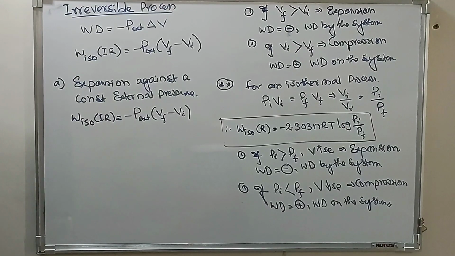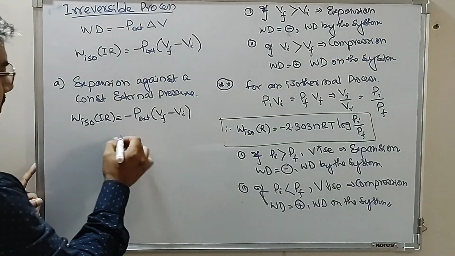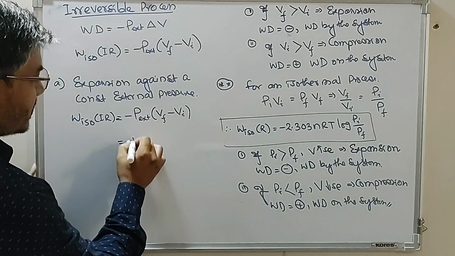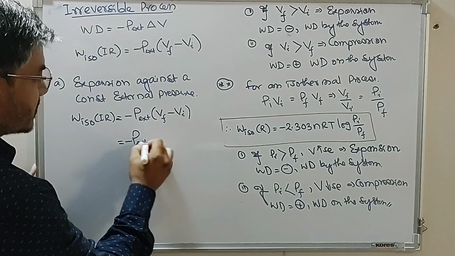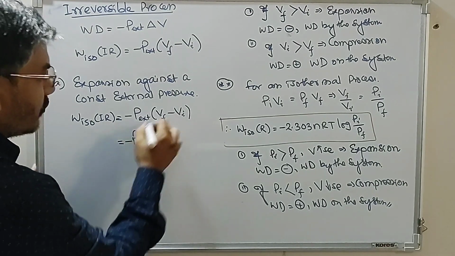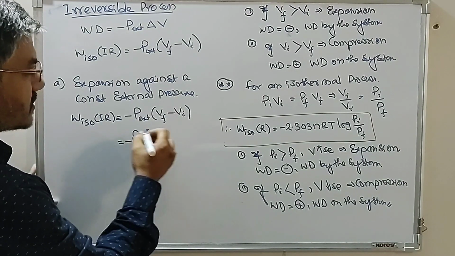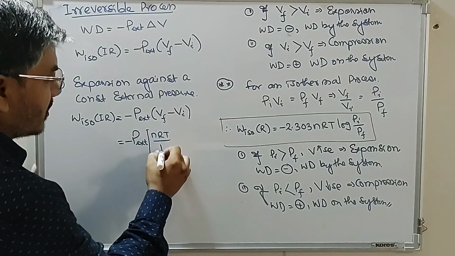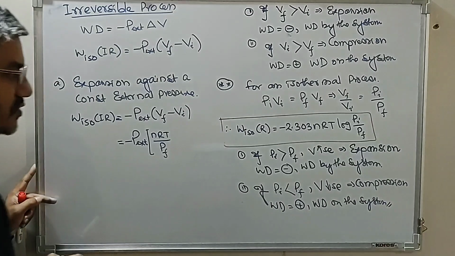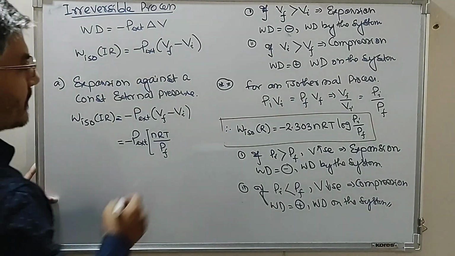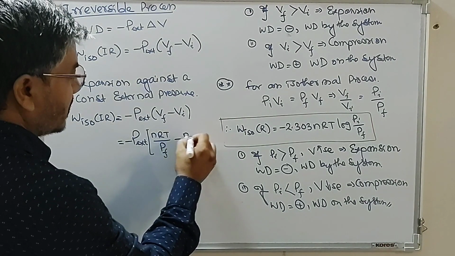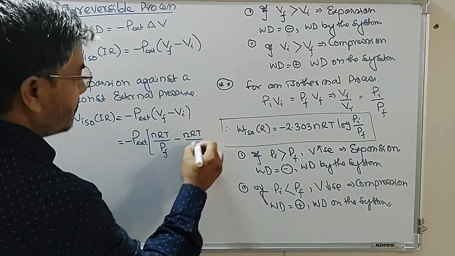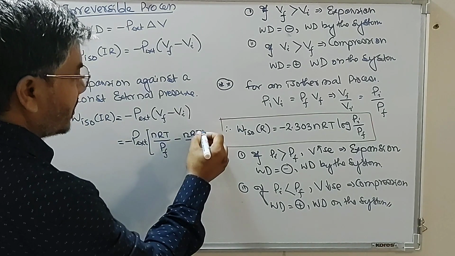Now this process takes place till the external pressure and the internal pressure both become equal. So for an ideal gas, this can be written as minus P external times V final, that is nRT by P final, because PV is equal to nRT, minus nRT by P initial.